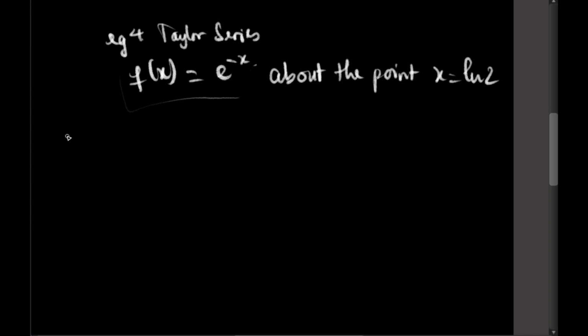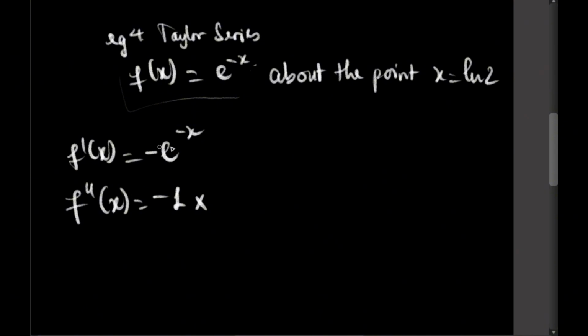So here we have f prime of x is going to equal, easy, right? e to the power of minus x, and now we find the derivative of minus x, so we have to add a minus sign before it. For the second order derivative, it's minus 1 multiplied with this one, right?